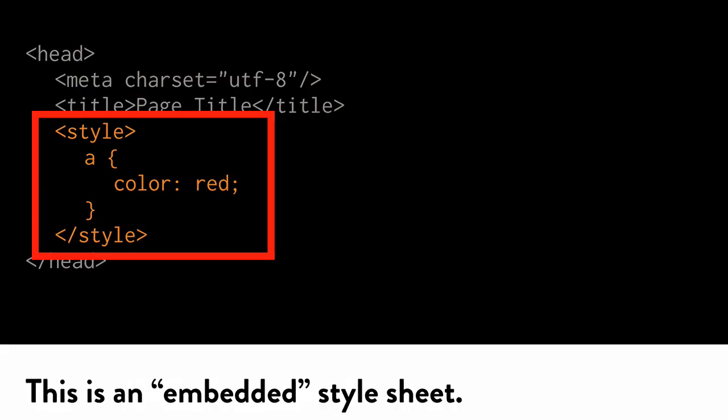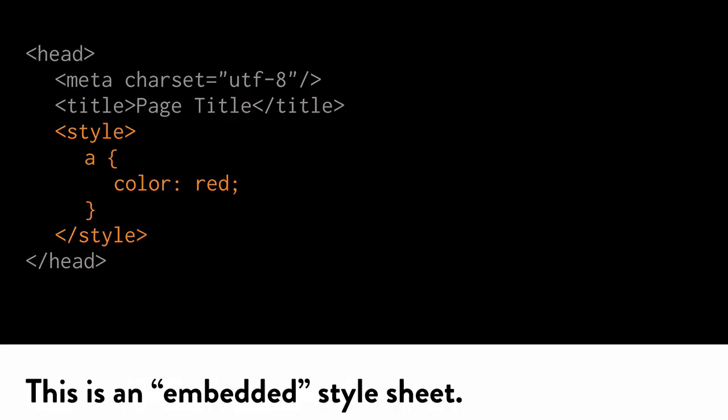Either of these options is completely valid, but just remember that a style element in the page is only going to affect that page, whereas a linked style sheet can be linked to from multiple web pages, and all of those styles can be shared by all of those pages from one single resource.